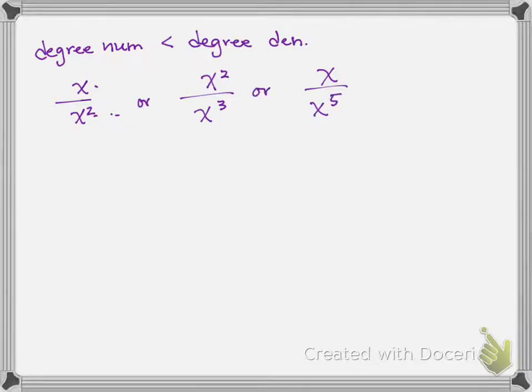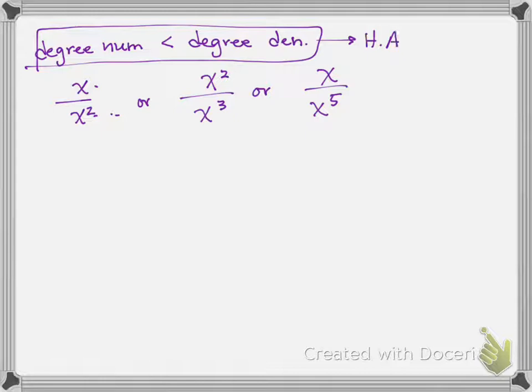If the bottom has a higher power, the denominator will get bigger faster, which means your fraction will get smaller faster. And anytime you have this relationship, it will always result in a horizontal asymptote of y equals 0. And so as x gets large, positive or negative infinity, the function value will go to 0. And it'll have, again, the horizontal asymptote at 0.